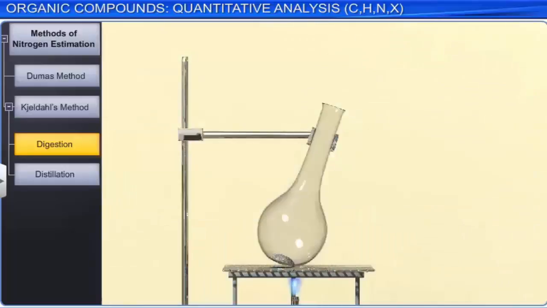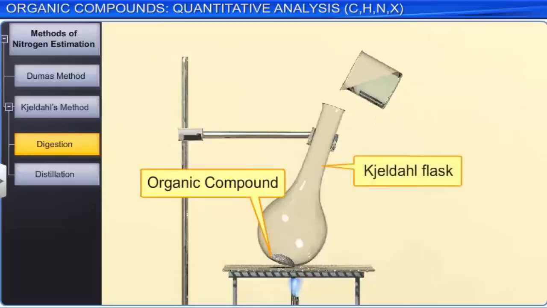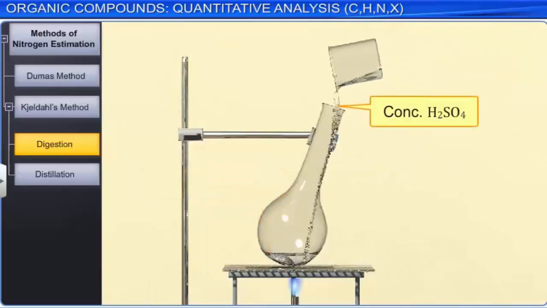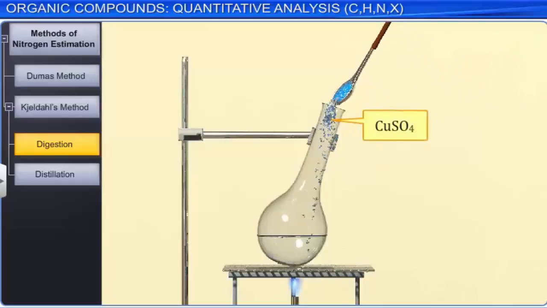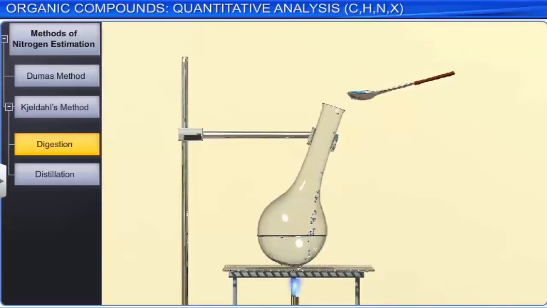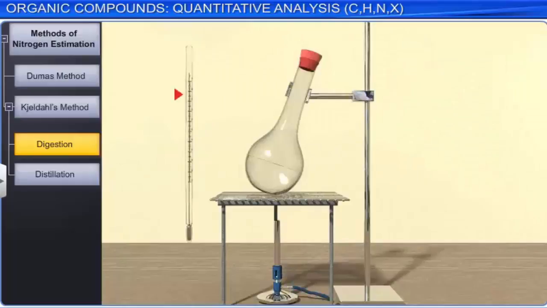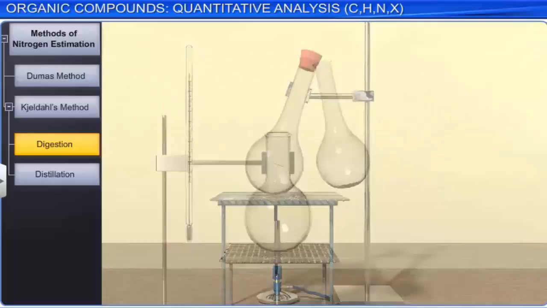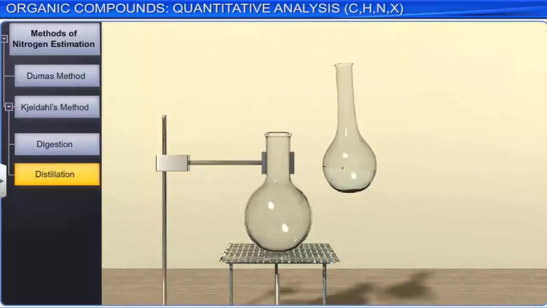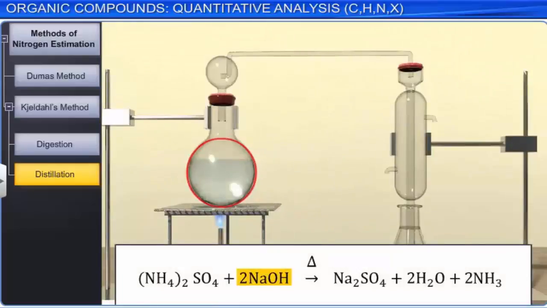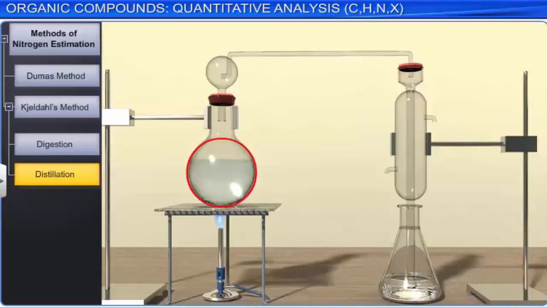This is achieved by heating the compound in Kjeldahl flask with concentrated sulfuric acid in the presence of a small amount of copper sulfate. Now, the contents of the flask are cooled and transferred into a distillation flask and heated with concentrated sodium hydroxide to liberate ammonia gas. This is the distillation stage.